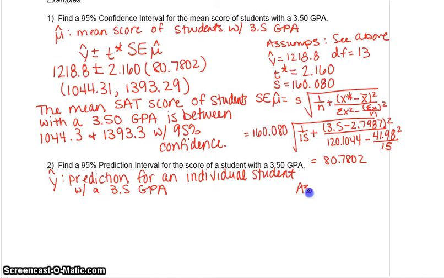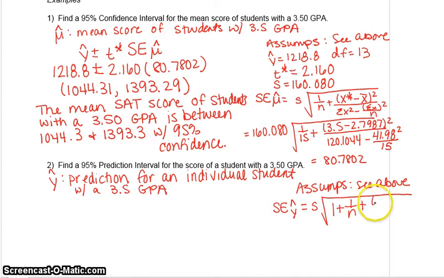So assumptions, I'm going to say see above again. Now the only thing that's going to be different is in the calculation of our standard error. So remember, the difference between the two formulas is that this one has a 1 added under the radical.